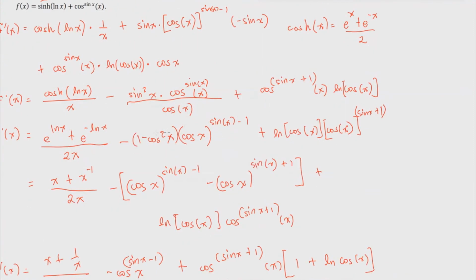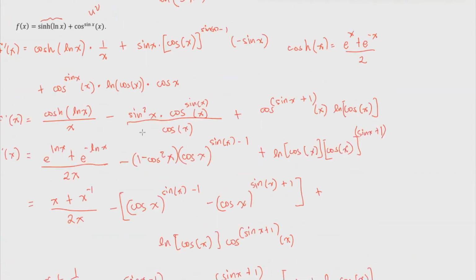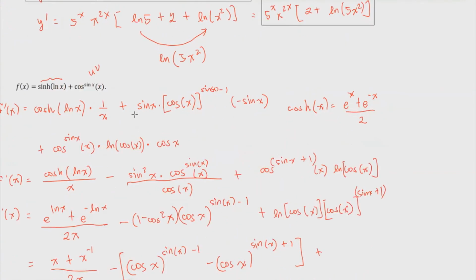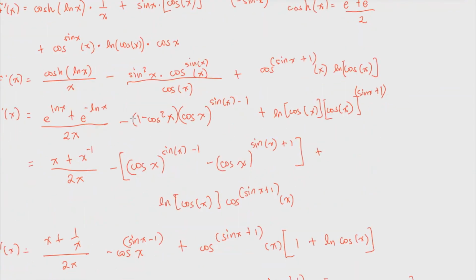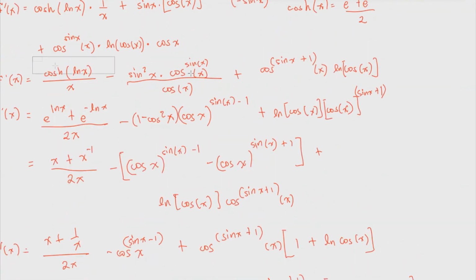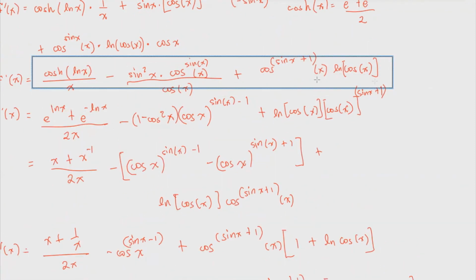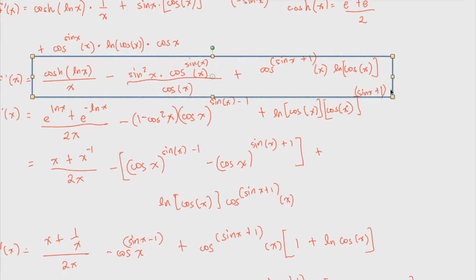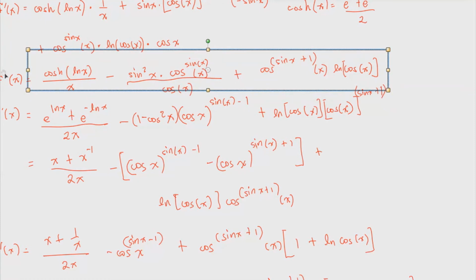So the answers that are considerably correct start from here. Actually, this one is already correct, so you can just box this, and all the remaining answers below this can be considered correct already. So you can just box them all out, and then you already have the answer.